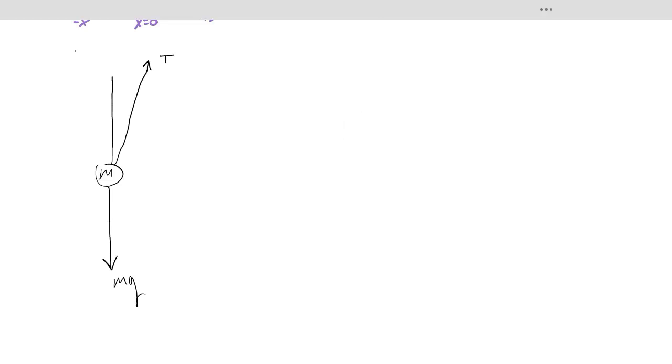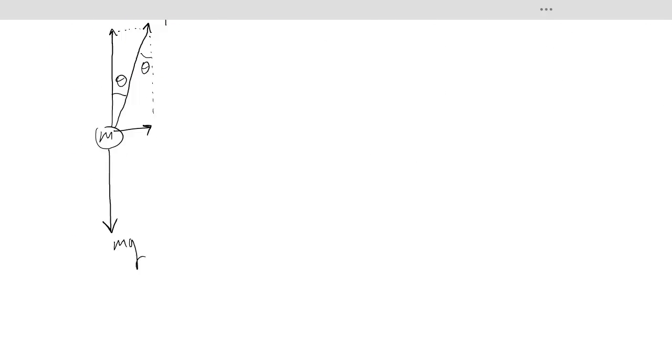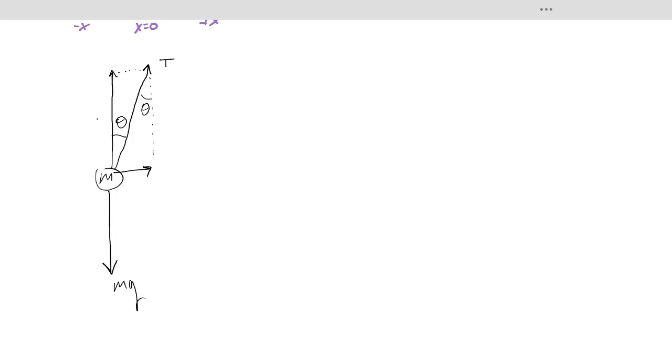But if we consider a small angle approximation, and this is theta, and this is also theta with respect to some vertical line that we draw where the mass is at equilibrium, I can call this T sine theta, and this is T cosine theta.